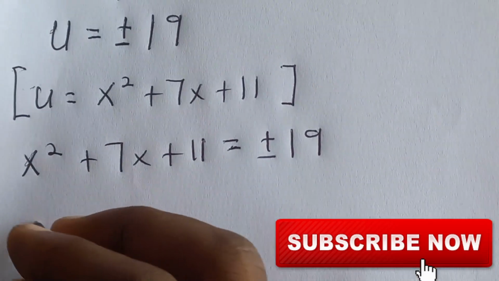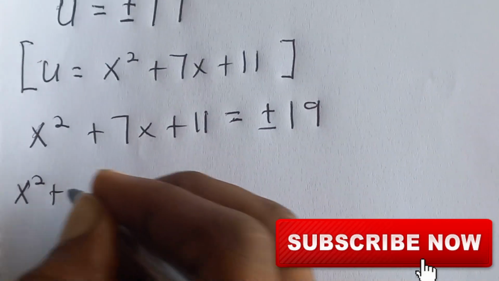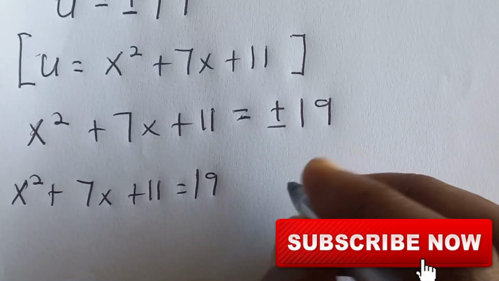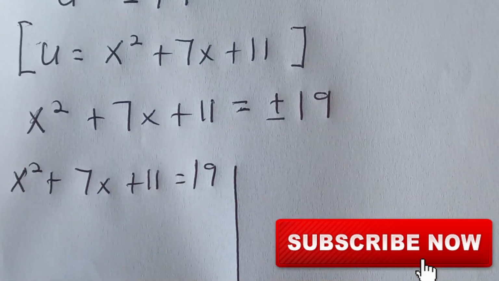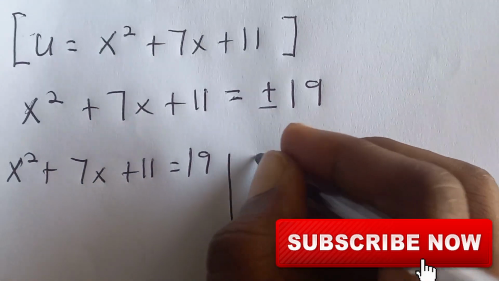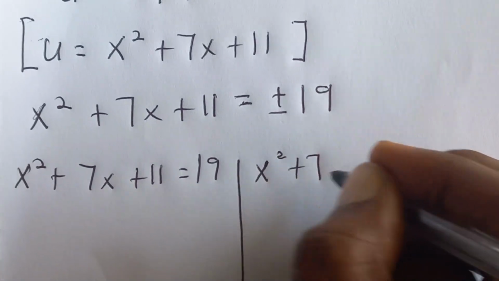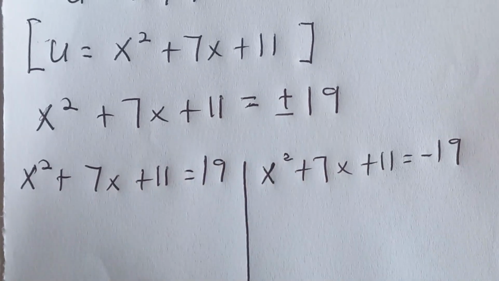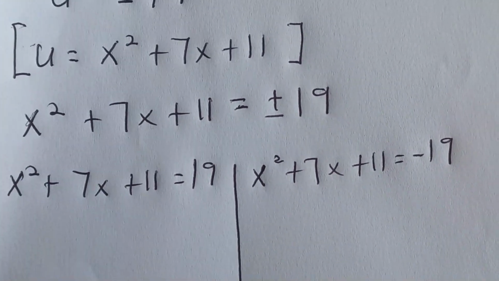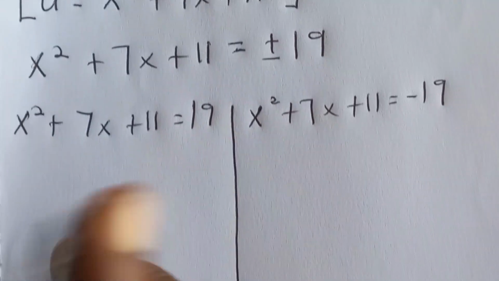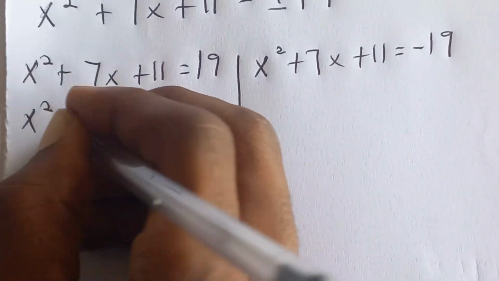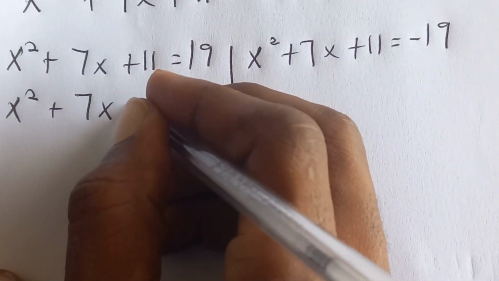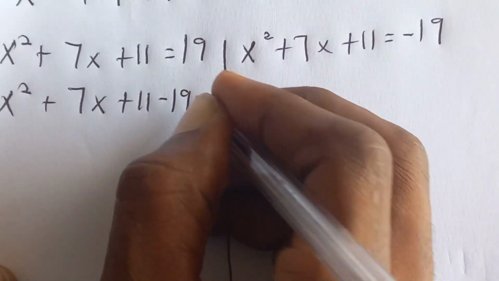One, x squared plus 7x plus 11 is equal to 19, and the other one, x squared plus 7x plus 11 is equal to negative 19. So for this, we say that x squared plus 7x plus 11 minus 19 is equal to 0.